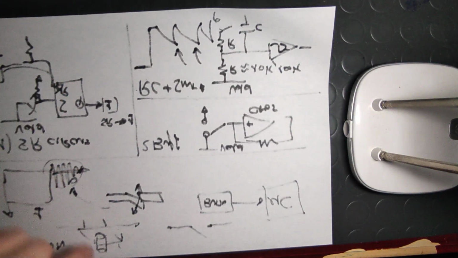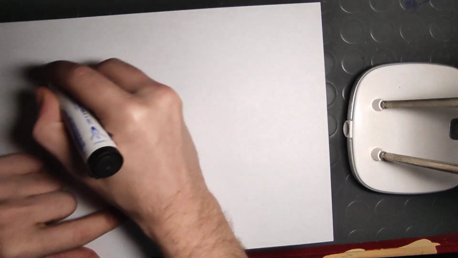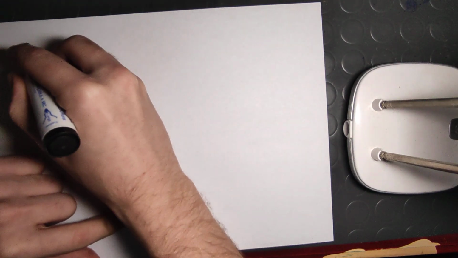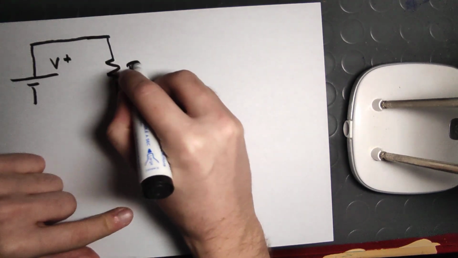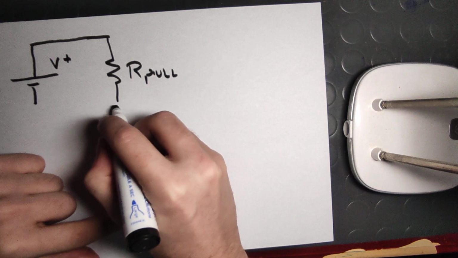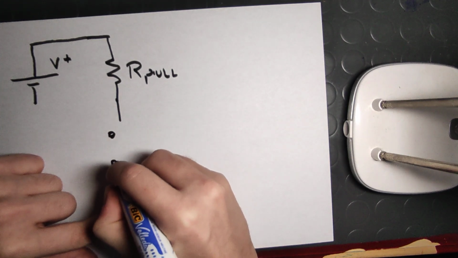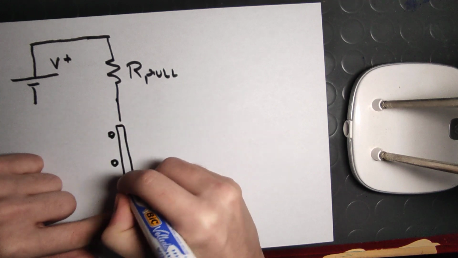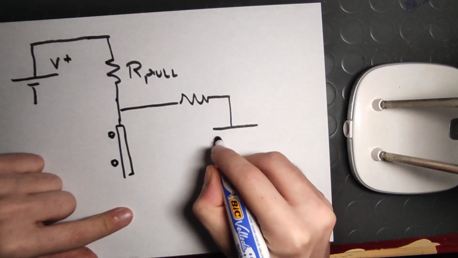You can even think to connect the button like this for simplicity, and it will still work. So you have a voltage V, you have a pull-up resistor, R pull, you connect the button here, and here you will connect a low-pass filter net.